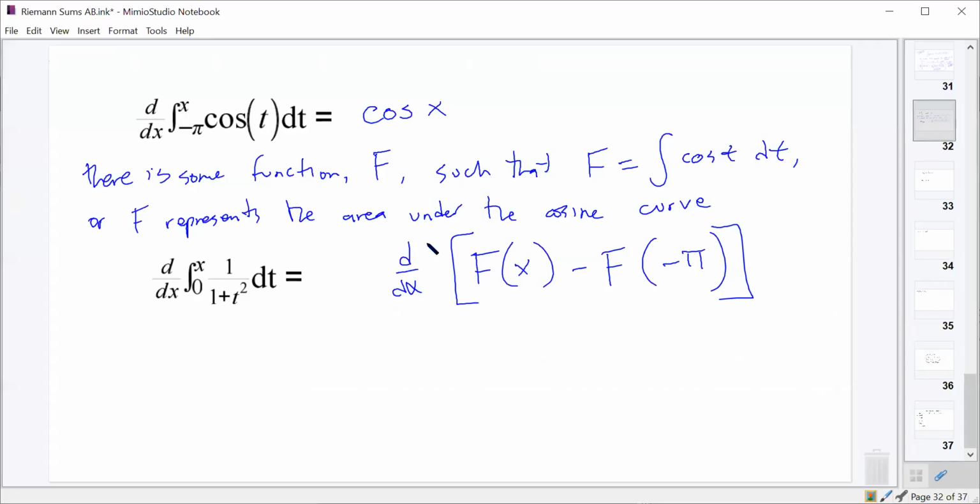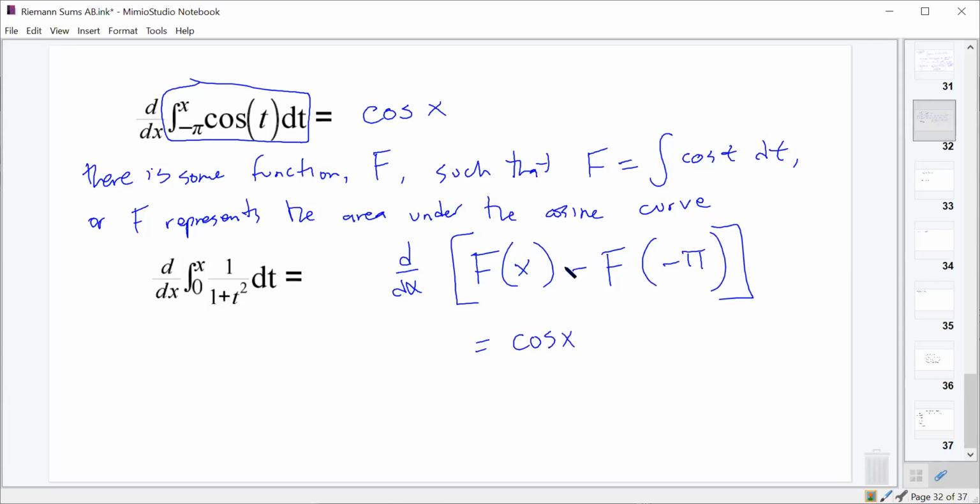Let's see, this is the one we were working on here. So now we've done this whole piece. That's this, capital F of x minus capital F of negative pi. And now we still need to take the derivative. Since we know from the first part of the fundamental theorem of calculus that the derivative of the integral is just the original function, the derivative of capital F of x ends up being cosine x.